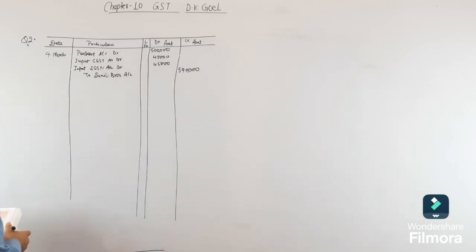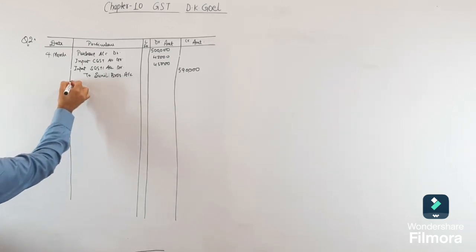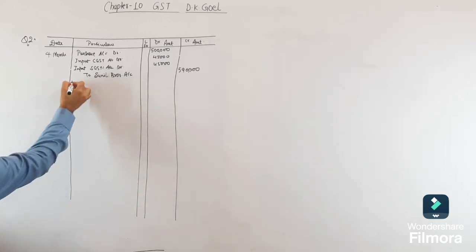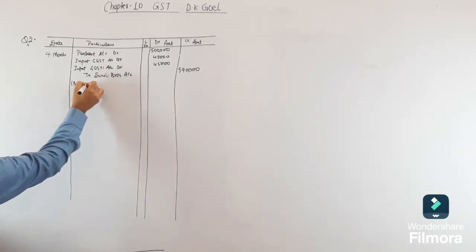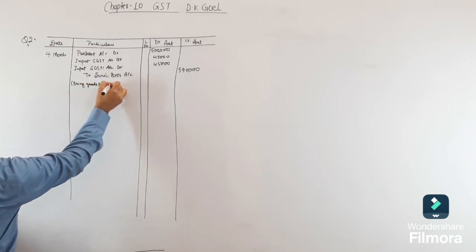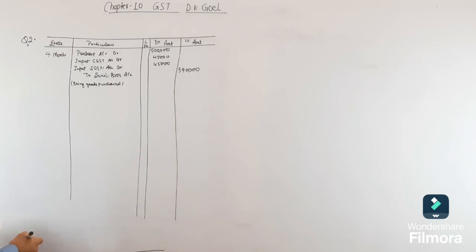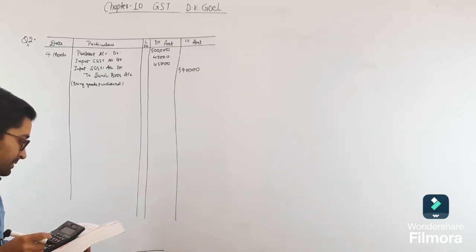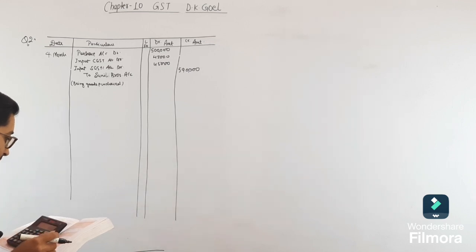My creditor Sunil will be increased by 5 lakh 90,000. Being goods purchased.